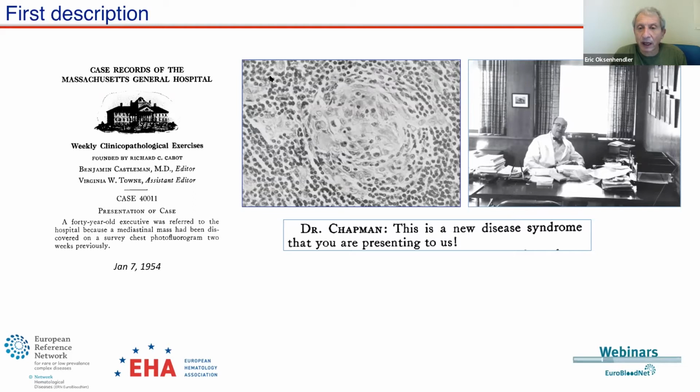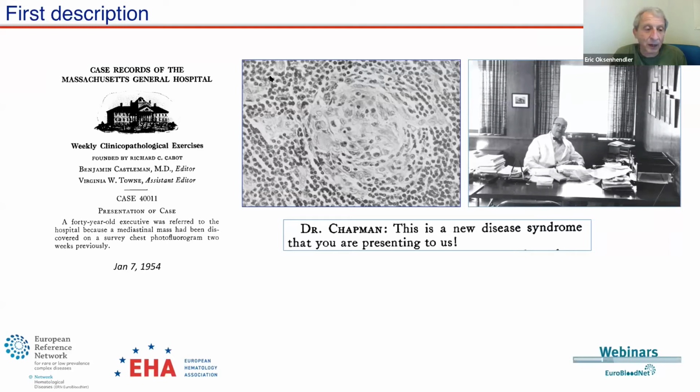It was not a tumor. It didn't look like a thymoma, and it didn't look like lymphoma, but the features were quite different from what could be observed in a normal reactive lymphadenopathy. And at that time, during the presentation, Dr. Chapman said, this is a new disease syndrome that you are presenting to us.